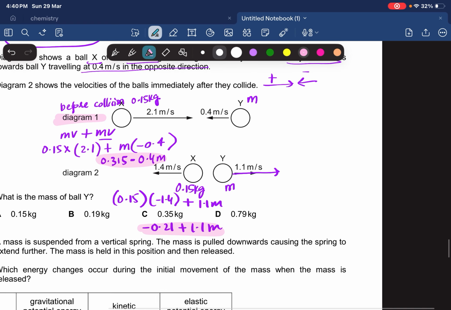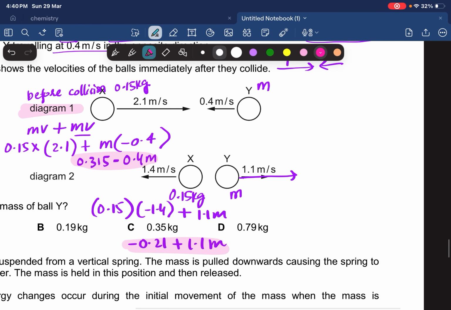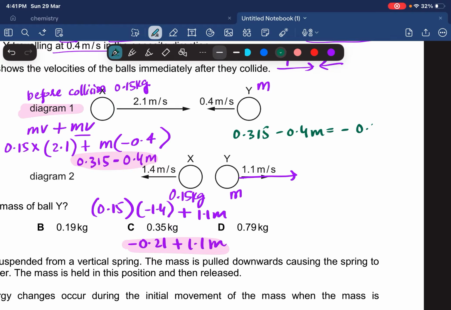I'm going to equate the two momentums to get the value of m. So 0.315 minus 0.4 m equals negative 0.21 plus 1.1 m.